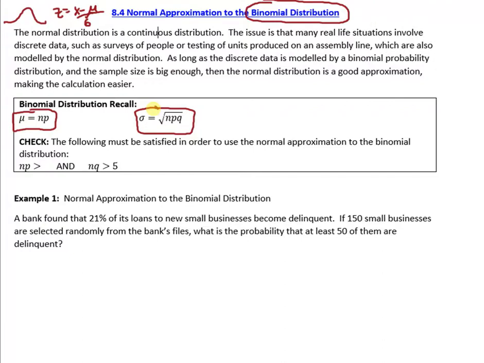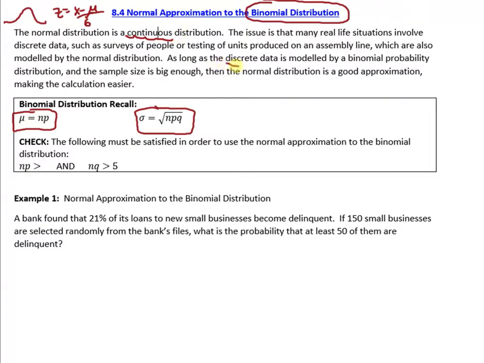The normal distribution is a continuous distribution. We know that. The issue is that in real life there are many situations where we can't use continuous data, but instead it's discrete data.